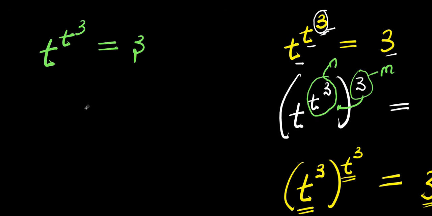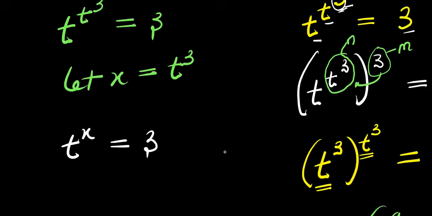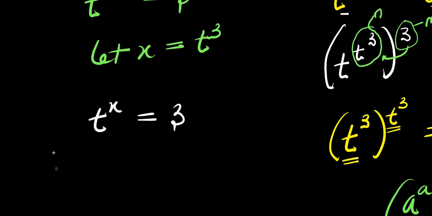At this point, I can say let x equals t power 3. So that means I will simply have t power x equals 3. So right now I can apply natural log. I have natural log of t power x equals natural log of 3.